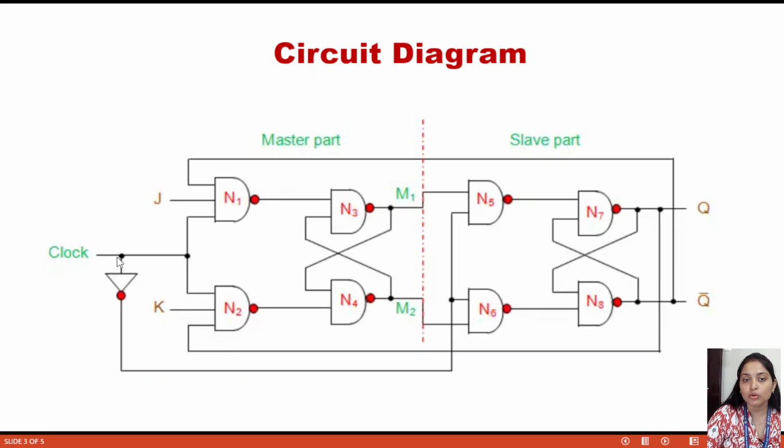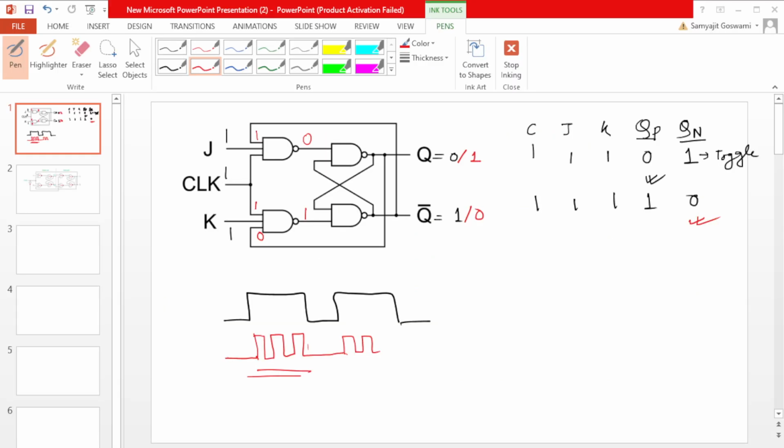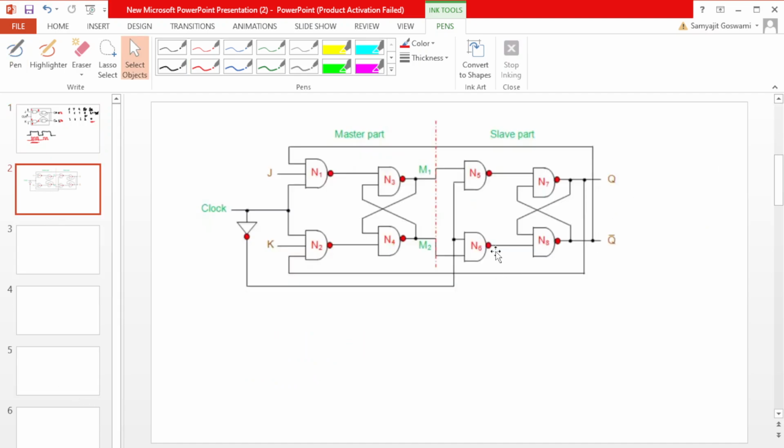Now, here I am telling that when the clock is 1, it comes through this NOT gate and it will be 0.